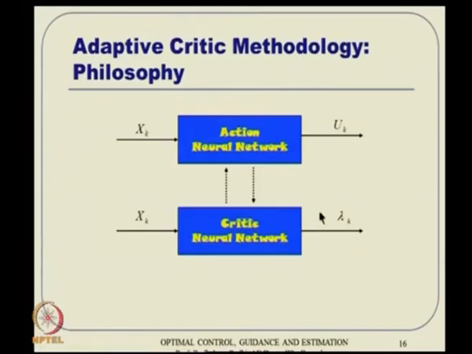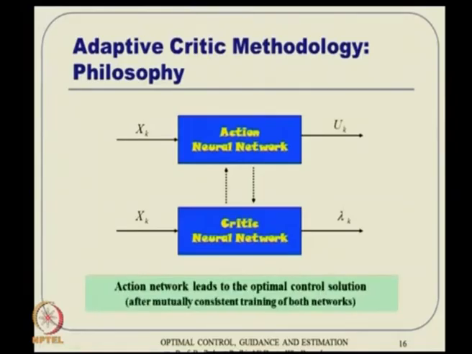After mutually consistent training, this action network will capture the optimal control function between xk and uk, and hence after successful training we can keep using it to produce the optimal control as a function of xk. So the action network leads to the optimal control solution after mutually consistent training of both networks.